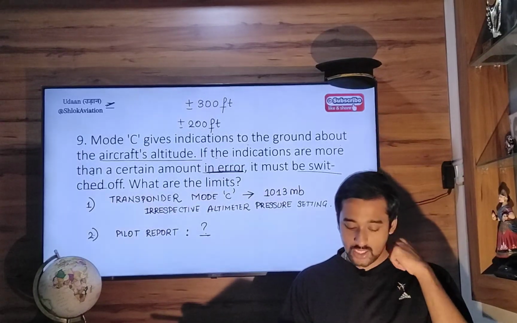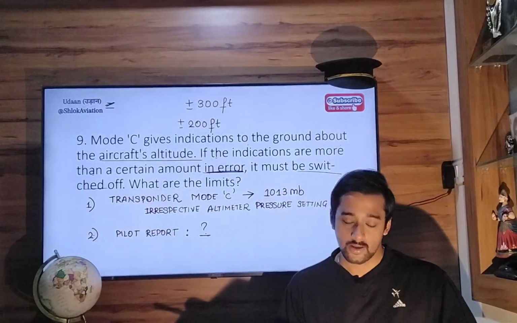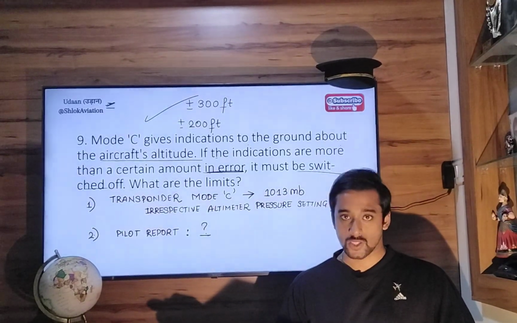It must be switched off if the limits are plus minus 300 feet. So this answer is correct, plus minus 300 feet, as given in the Oxford book.